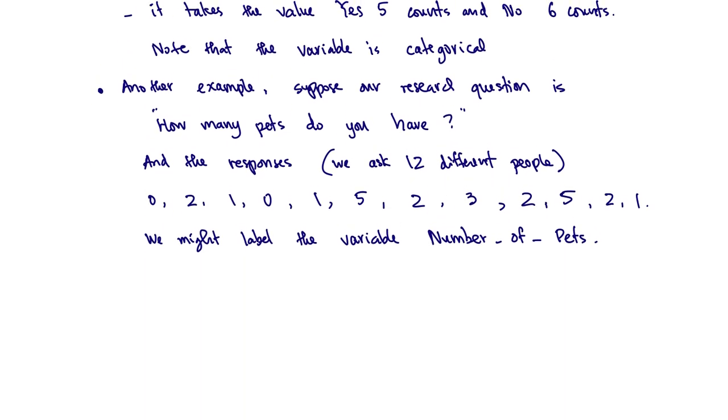Suppose our research question is now, how many pets do you have? And we ask 12 different people. The responses will be 0, 2, 1, 0, 1, 5, 2, 5, 2, 5, 2, 1. We might label this variable number of pets.